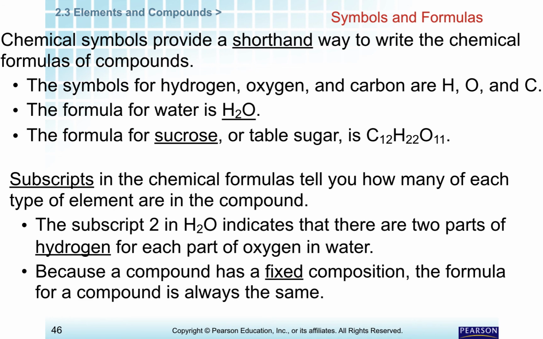So in H2O, the 2 indicates there are 2 parts of hydrogen for each 1 part of oxygen. And in sucrose, it would be 12 carbons to every 22 hydrogens to every 11 oxygens. Because the compound has a fixed composition, the compound's formula is always the same.